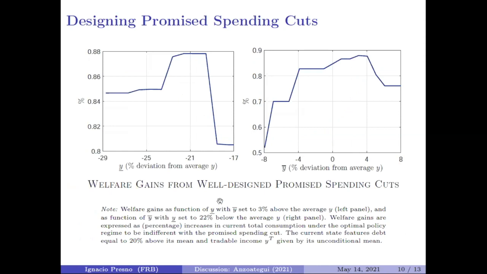So if we focus on the left panel, we see that the welfare gains are the highest when Y lower bar is around 21 percentage points below the average Y. But we see that if we keep on lowering Y lower bar, it means that we would be conducting austerity in even more recessionary states.